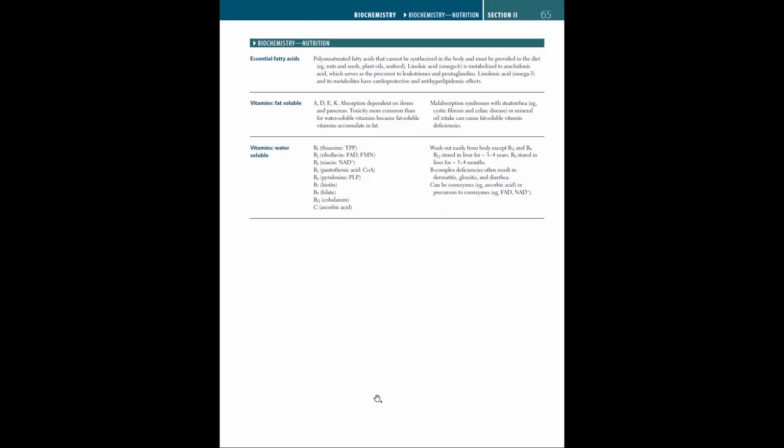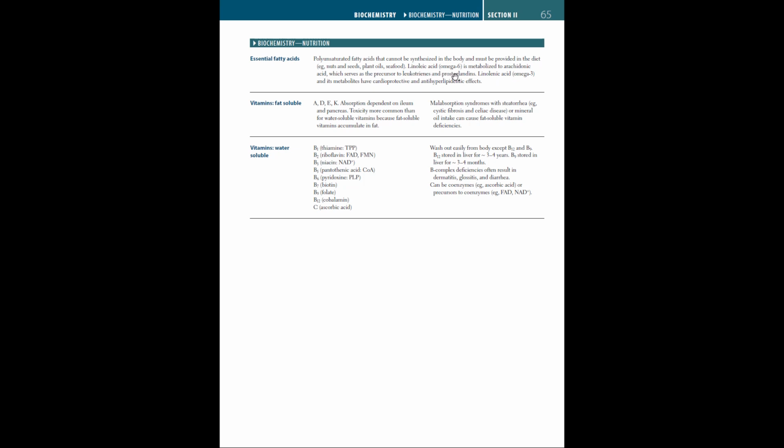Okay. Now, next we have the biochemistry nutrition aspect. So here we'll talk about the essential fatty acids, the vitamins, the fat-soluble, and water-soluble. Now, the essential fatty acids are polyunsaturated fatty acids that cannot be synthesized in the body, that's why they're essential, and must be provided in the diet.